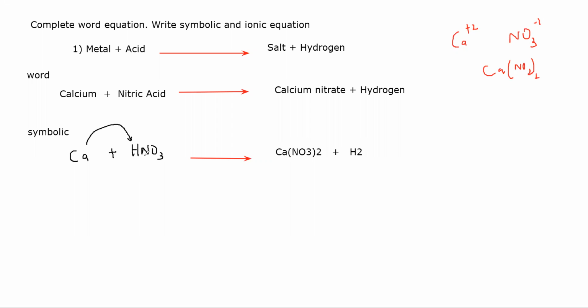So we complete this equation, but the symbolic equation must be balanced. For balancing, we start with oxygen followed by hydrogen and then other elements. How many oxygen on the right hand side? 3 multiplied by 2, that's 6. So we need 6 oxygen on the left hand side as well.